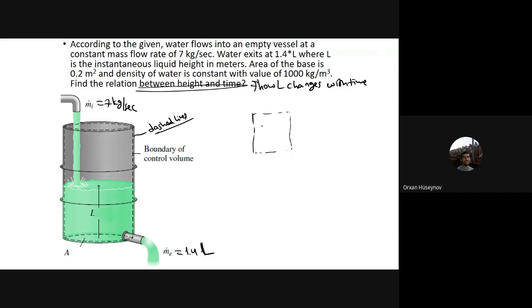The mass change here. There is mass into my system, and there is mass out of my system.